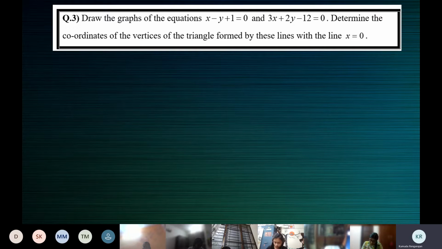Okay, good. Pranav, let's see if the graph is right. Tarun, Murali. Looks correct.